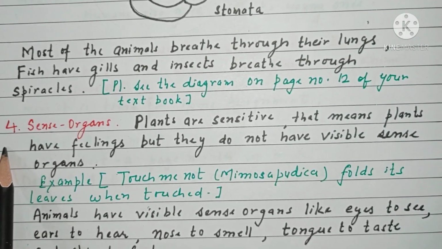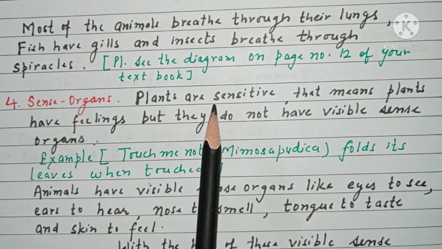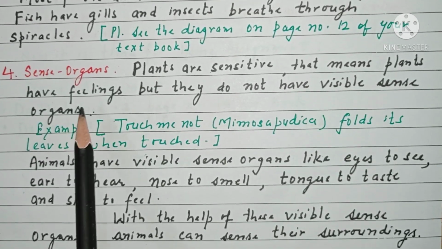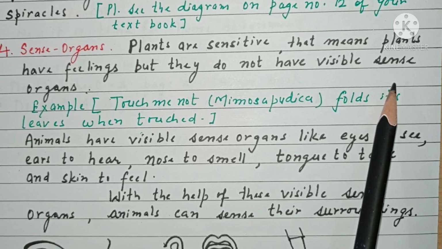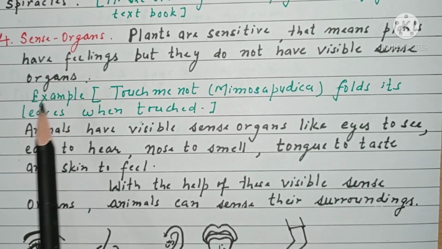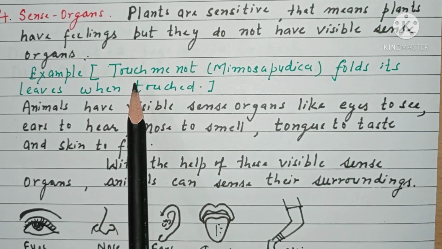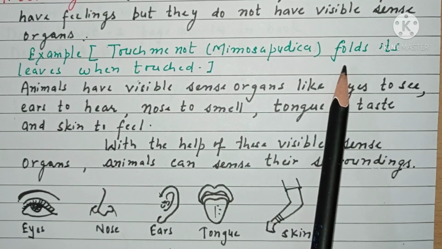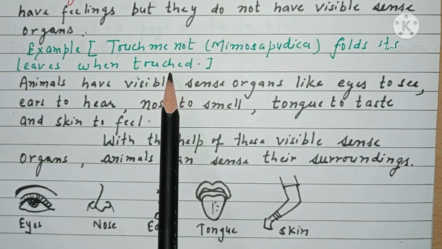Now we'll discuss about the sense organs. Plants are sensitive. That means plants have feelings, but they do not have visible sense organs. The most common example is of a plant which is called touch me not, scientific name Mimosa pudica. It folds its leaves when it is touched, commonly known by the name of chui mui also.